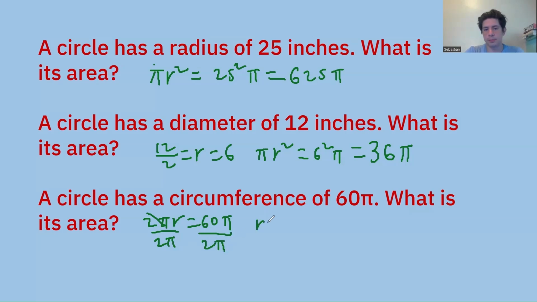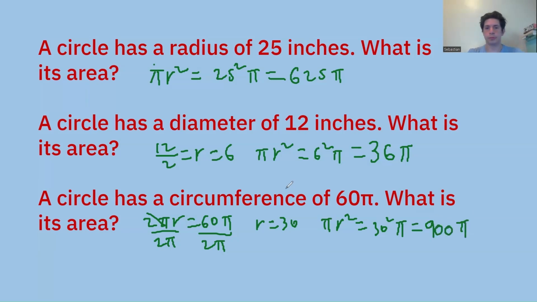So r equals 30, which means in the formula pi r squared equals 30 squared times pi, which equals 900 pi.